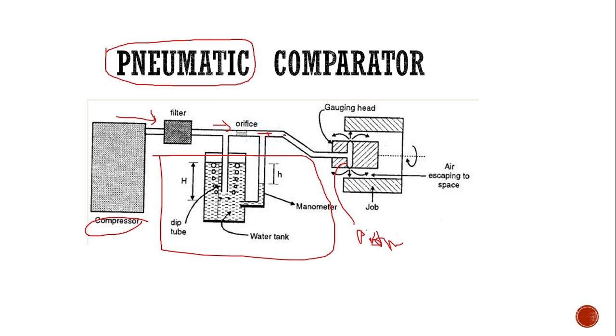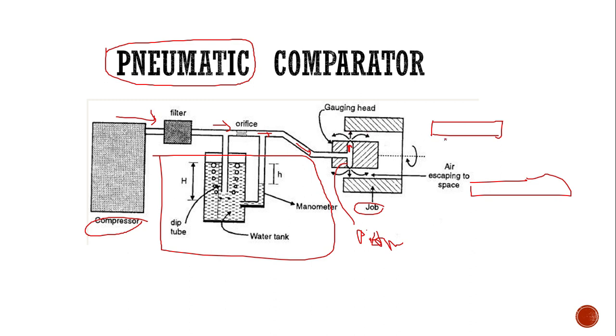So once the required value of properly pressurized air is transferred here, what will happen? This is a job we have used now, but prior to the job I have used one standard. When this air is passed through these openings, it will strike this surface.